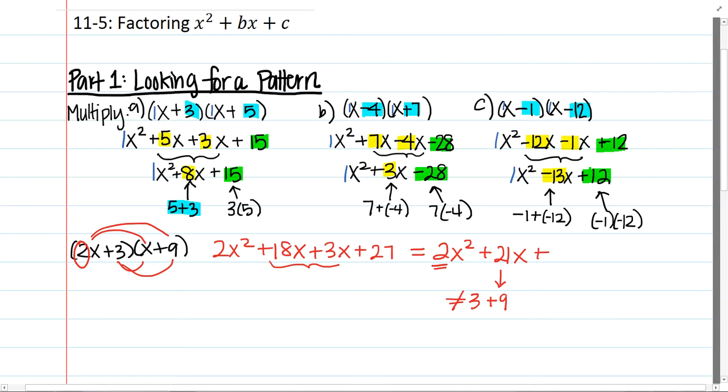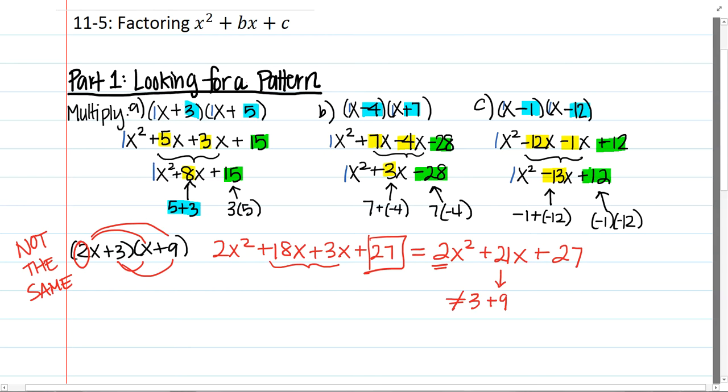The only thing that really stays the same is the last term. The 27 is 3 times 9. But other than that, the rest of this doesn't really have a pattern to it, at least not the same pattern. In a later section, we'll talk about what's going on in these cases. But I just want to show you that this is not the same.